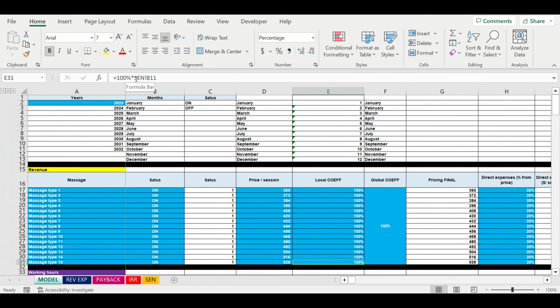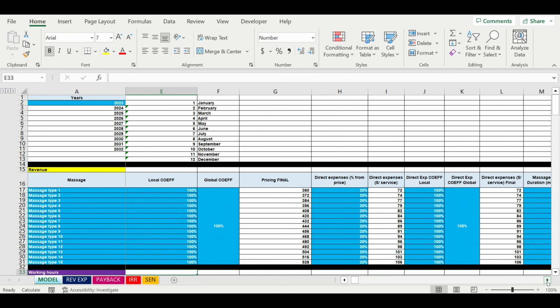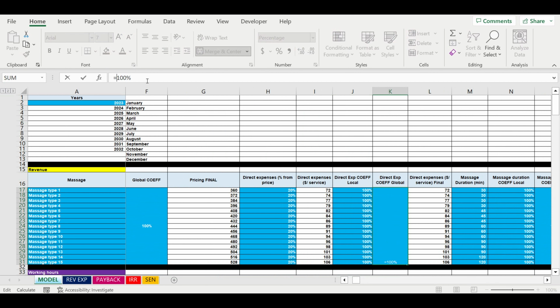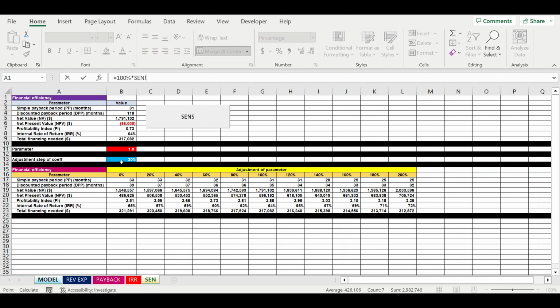We can delete this parameter from here, and we can go to, for example, direct expenses and add this coefficient to global direct expenses.